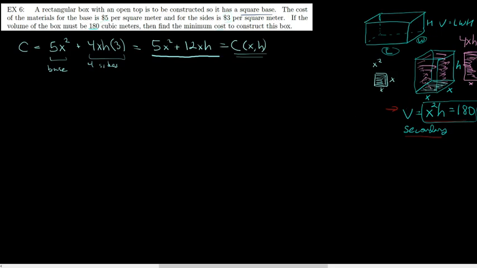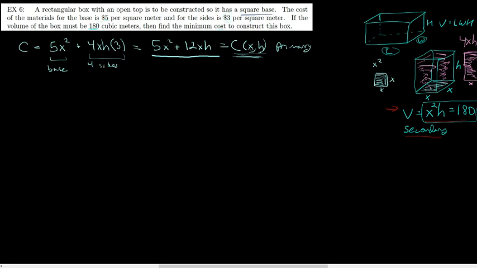So now going back to our cost function, or our primary equation. This is our primary equation. We have to reduce it down to a function of just one variable. And the way we do that is very similar to what we did with the rectangle problem. We have to solve for either x or h, and then plug that in here to get this to be a function of either x or h.